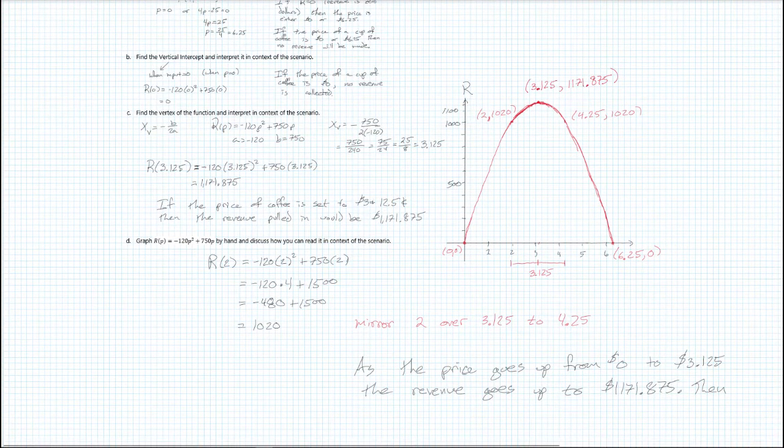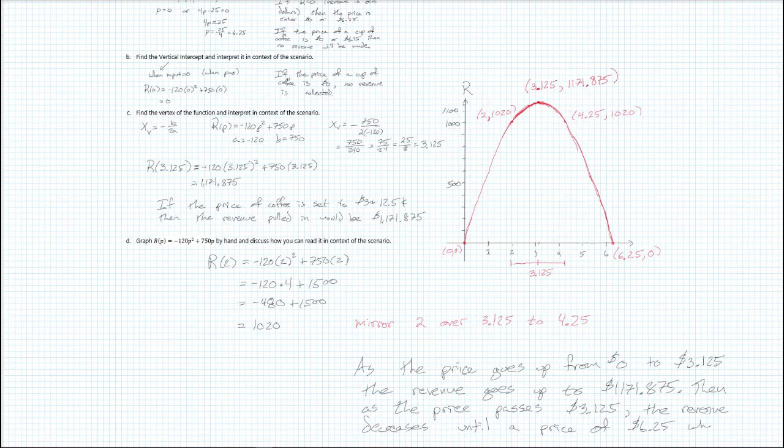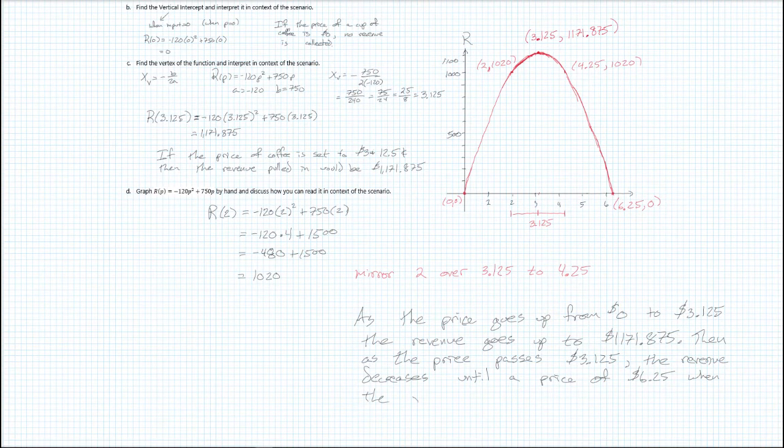Then, as the price passes $3.125, the revenue decreases until a price of $6.25 when the revenue is $0 again.